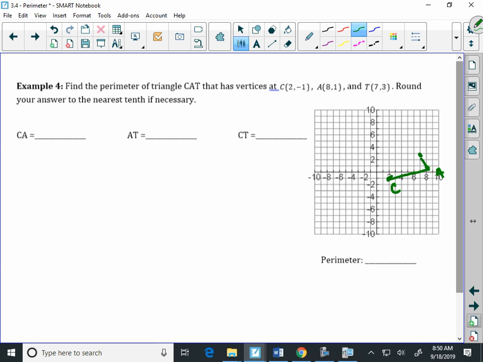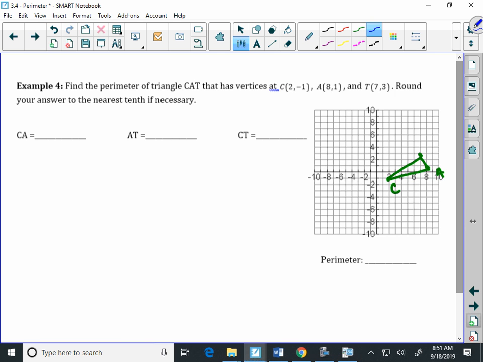And we're going to connect those. Unfortunately, it's a little bit of a small triangle, but we can't just count our boxes to get the distance on this one. We need to figure out the distance of all 3 sides.